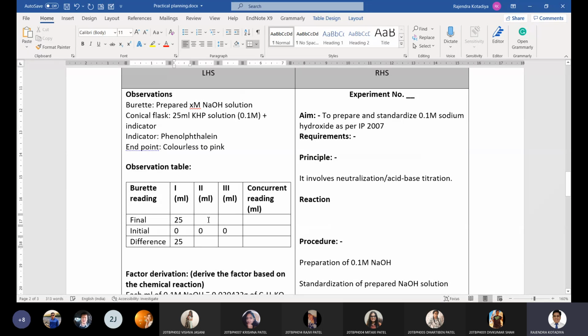In the second case suppose 24 comes, the difference will be 24, and in the third suppose 24.5 comes, so the difference will be 24.5. In the concurrent reading you have to write only one reading, that will be common.